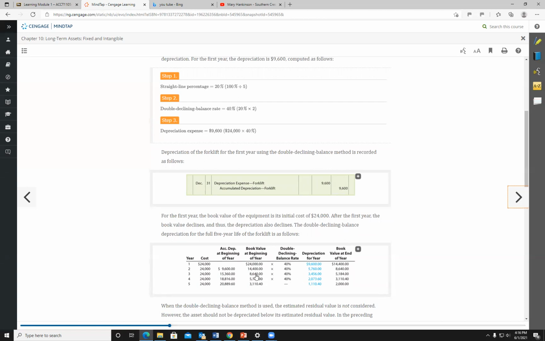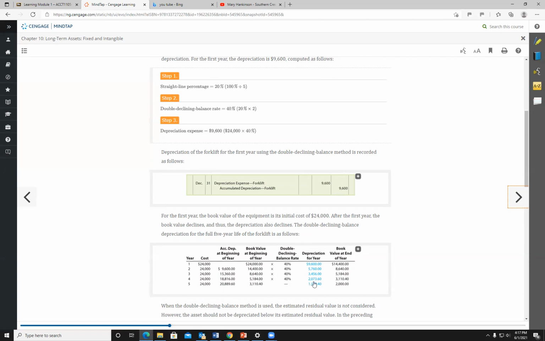The book value at the beginning of year 3 is 8,640, multiplied by 40%. The depreciation is now 3,456, giving a new book value of 5,184.